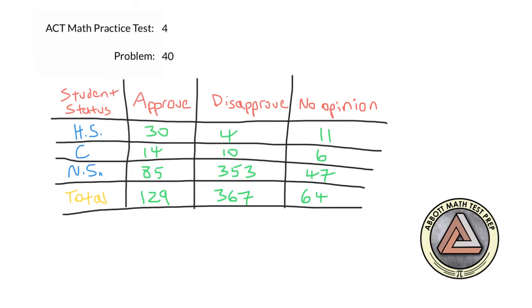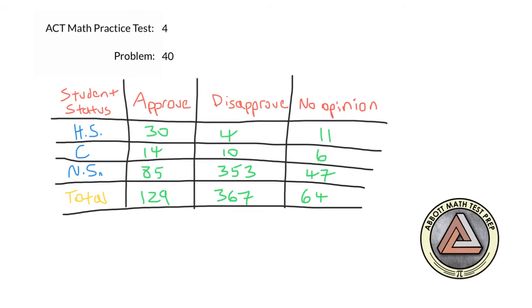Problem number 40 says, after constructing the table, it was discovered that the student status of 15 residents who replied that they approved had been incorrectly classified as non-students. So in other words, 15 of the people in this row turned out to be students.